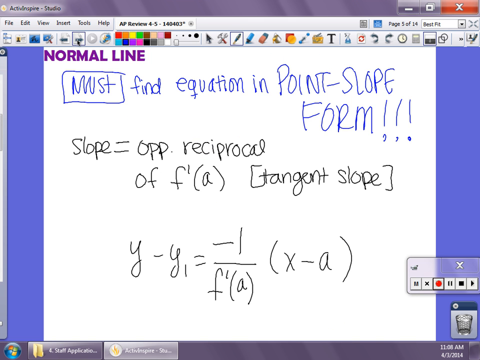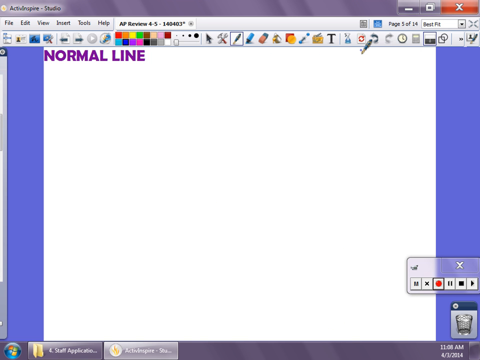Moving through to do normal line. Normal line, please, please, please remember to use point slope. So stay away from y equals mx plus b. Y minus y1 equals m times x minus x1.